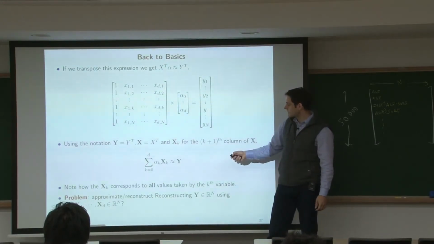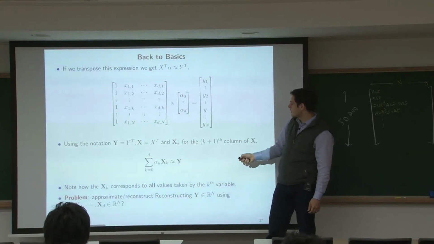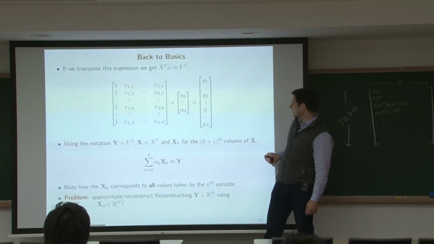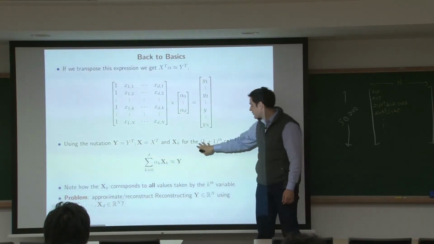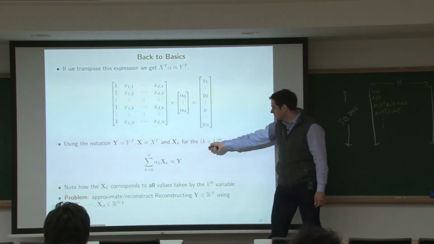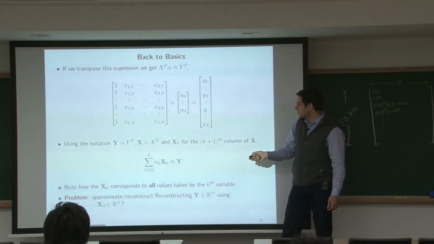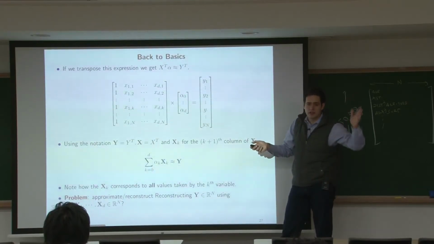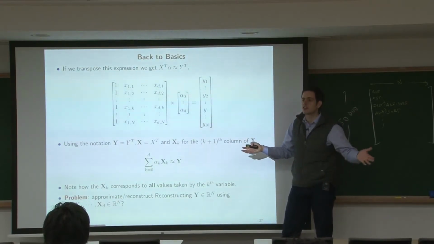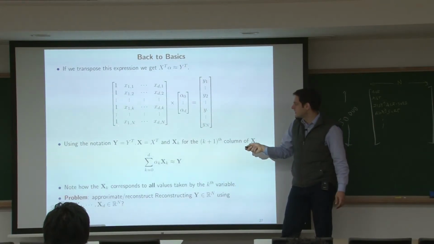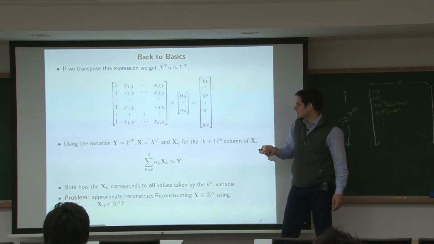And then I write xk for the k plus 1th column of x. I'm sorry for this slightly misleading notation, but I want to call this x0, because this is just the vector of ones. It's the constant vector. And then there are d xk's, which are each variables from 1 to d.